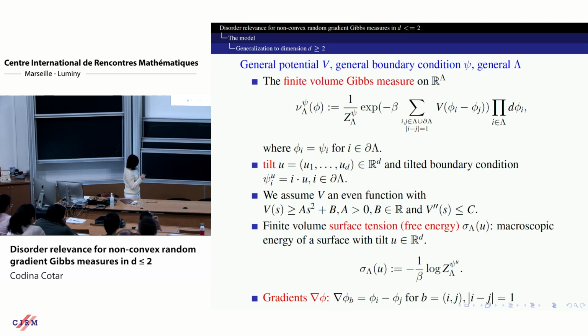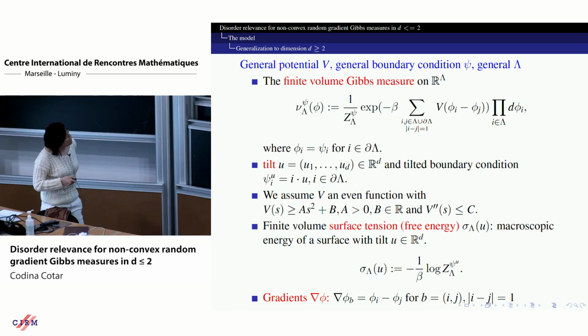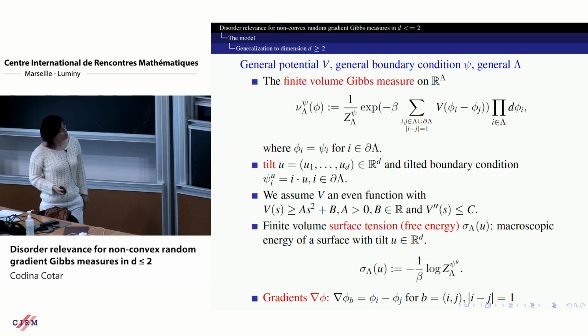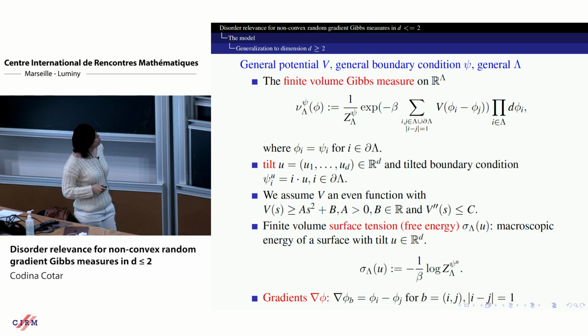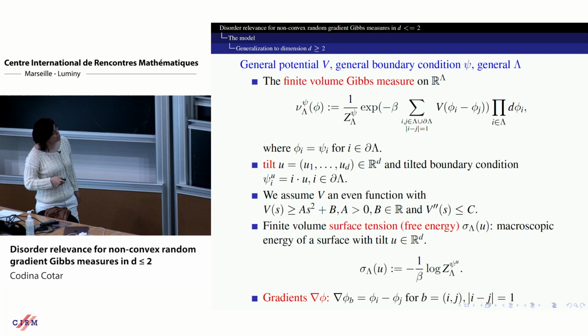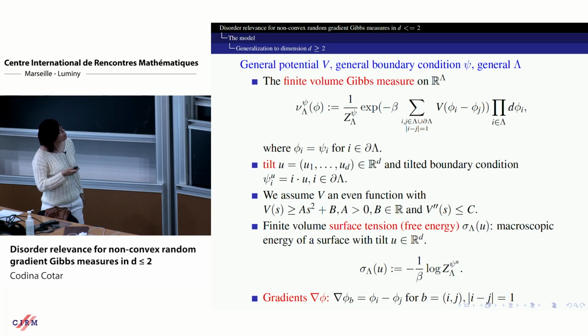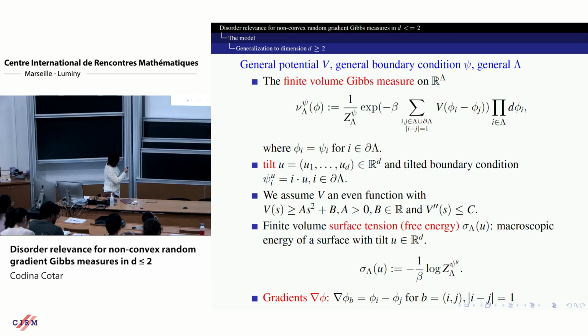Z is just the integral of this quantity, and you take the log in the case when I have this tilted boundary condition. A notation that I'm going to use throughout the talk is grad phi, which is basically just the difference of the height variable when they are nearest neighbors. Okay, so these are the quantities that I will use.